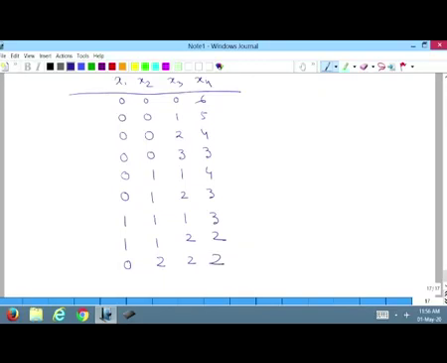So we got 1, 2, 3, 4, 5, 6, 7, 8, 9. So, 9 possible solutions.